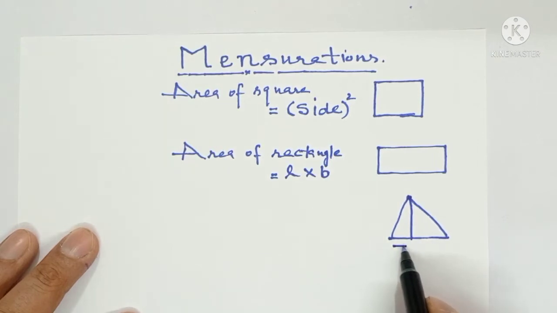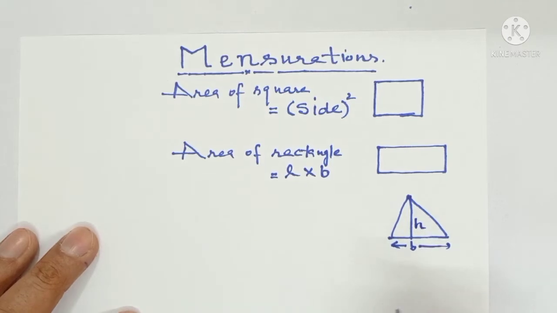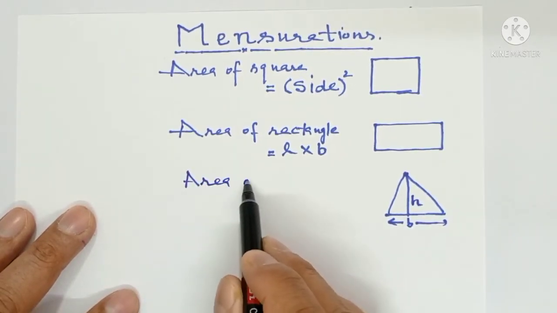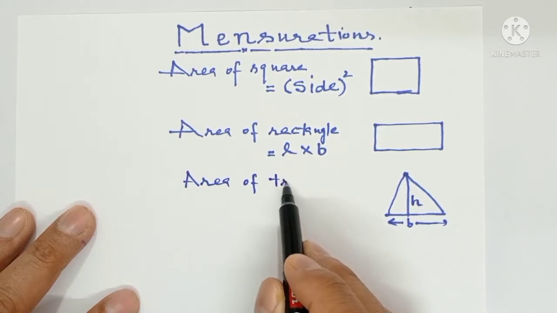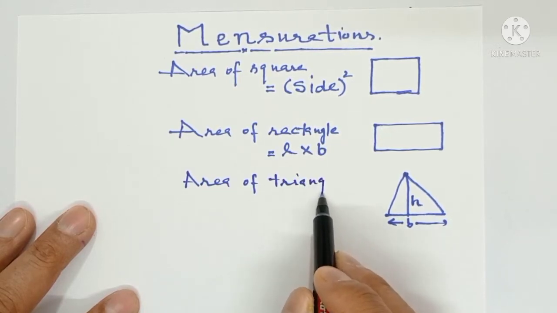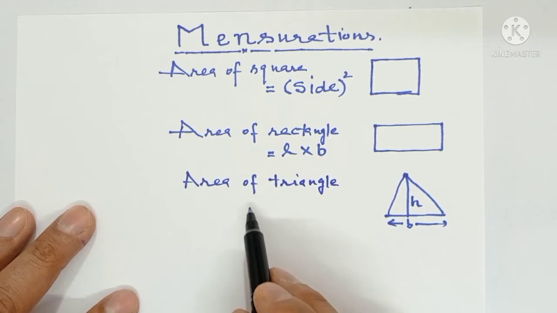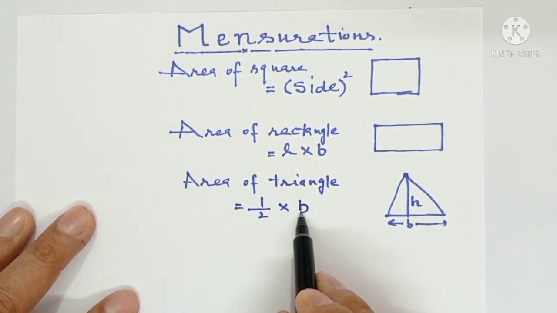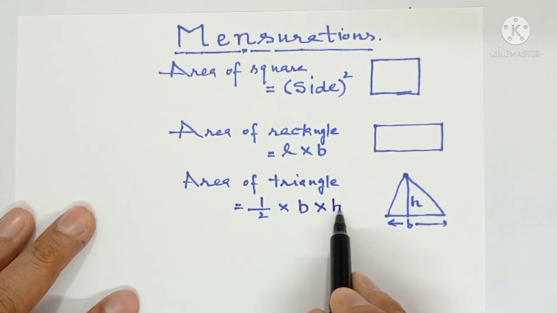This is the base of the triangle, B, and this is the height of the triangle, H. So area of triangle is equal to 1 by 2 into base into height.